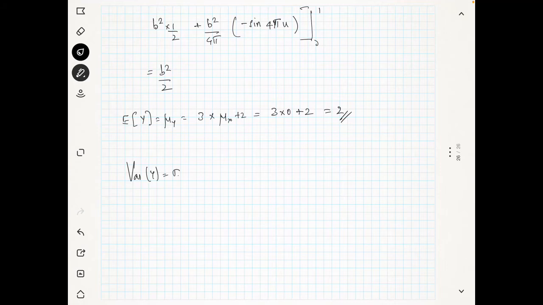Variance of y is sigma y square, which is equal to 9 into variance of x, that means sigma x square. You know the variance of x is b square by 2, so it is 9 b square by 2. So that's it. I hope this is clear to you.